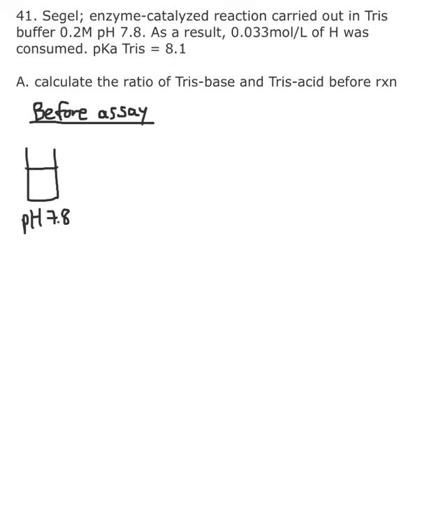Because it asks about the ratio, you would imagine that the Tris buffer right now contains two components, Tris acid and Tris base. And then we can calculate the ratio by using the Henderson-Hasselbalch equation.